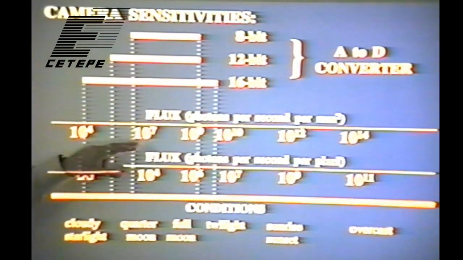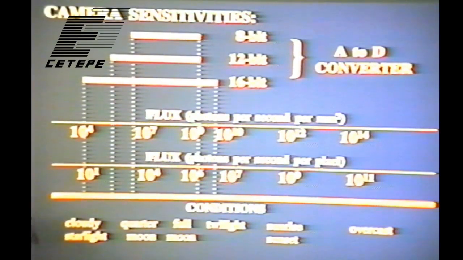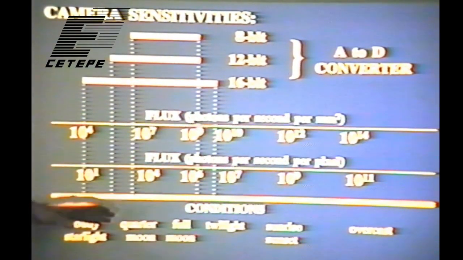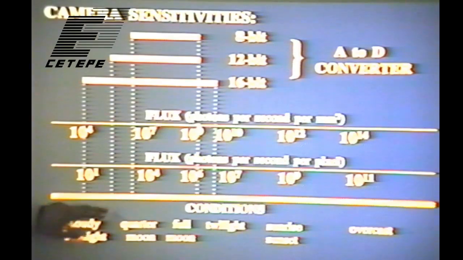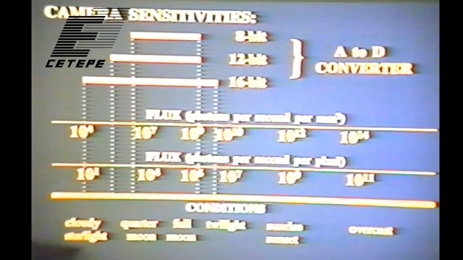This is technically photons per second per millimeter squared. And this should be the fluence on each pixel every second. So you need 10 to the 7th photons per millimeter squared, or 10 to the 4th photons per pixel.